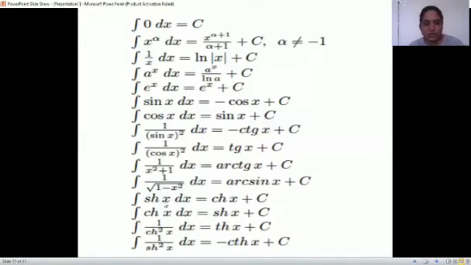So both are positive. Next is integration of 1 upon cos hyperbolic square x, which is tan hyperbolic x, and 1 upon sin hyperbolic square x is minus cot hyperbolic x.